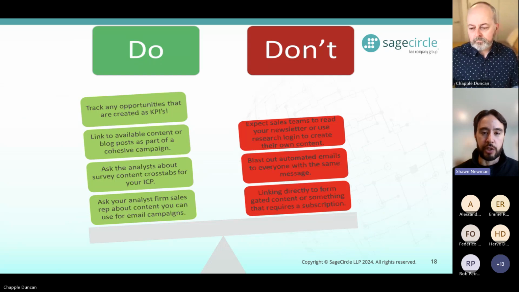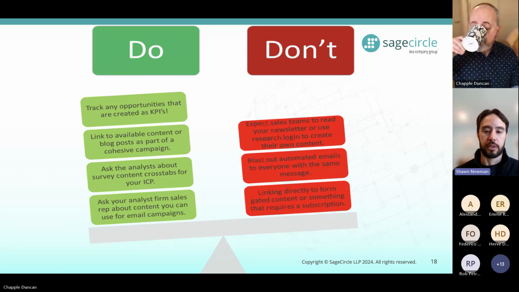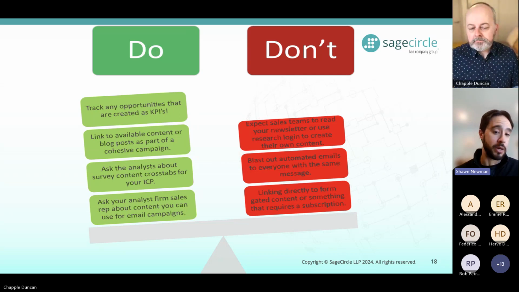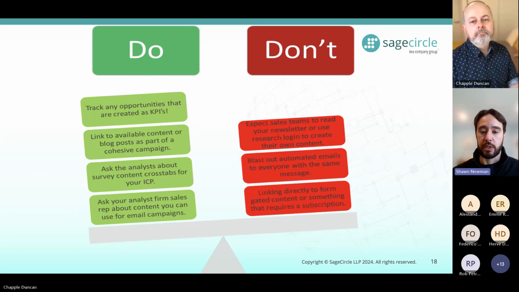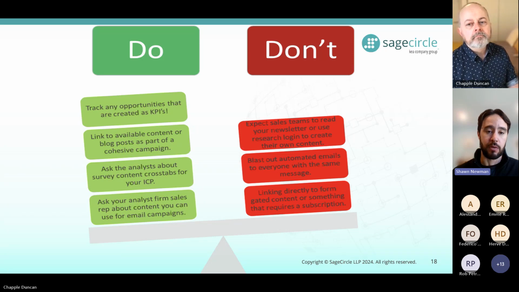So as I alluded to earlier, here's a few straightforward do's and don'ts that, in terms of my experience over the years, just seemed to be important when I was working with clients and helping them maximize value in these types of activities.